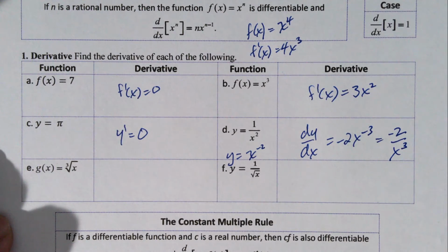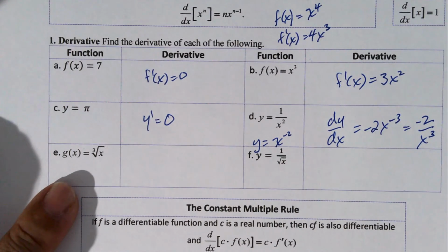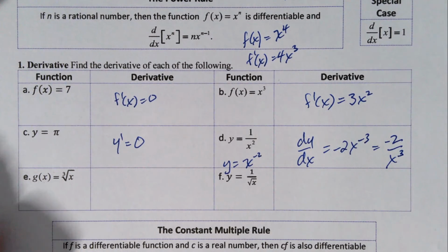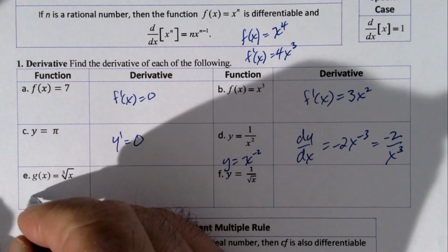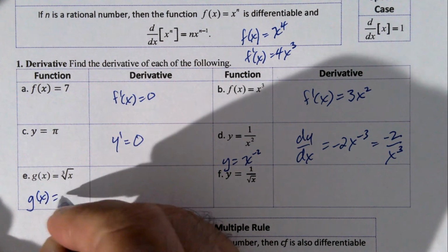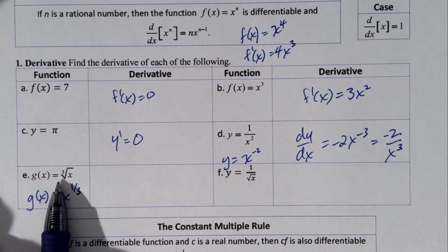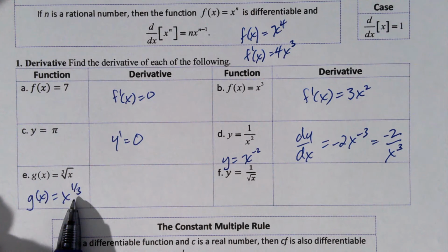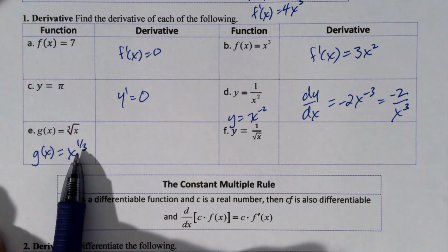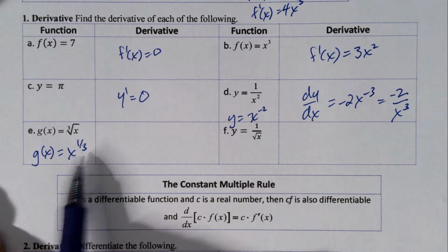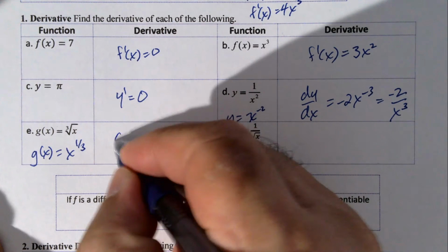All right? Here, there are no radicals in our examples. We had a power rule and a constant rule, but no radicals. So what we're going to do is rewrite this as an exponent. If you recall, you can write a root as a fractional exponent, a rational exponent, with the denominator being the root, so it's 1 over 3. So now we can use the power rule.